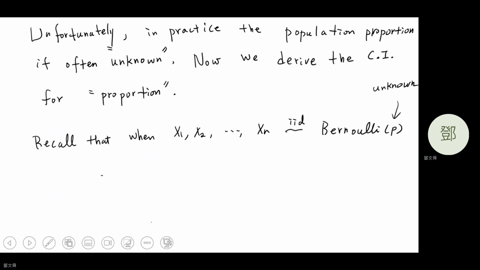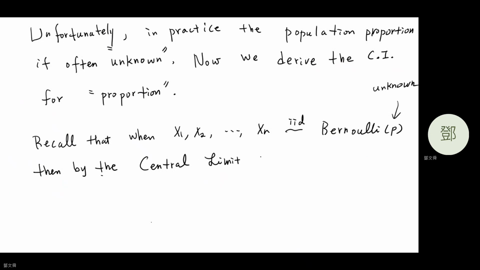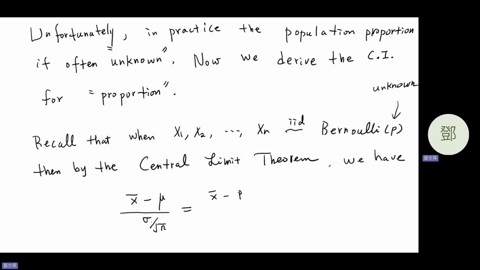Then, by the central limit theorem, we have x bar minus mu divided by the square root of sigma equal x bar minus p divided by the square root, approximately the standard normal variable.